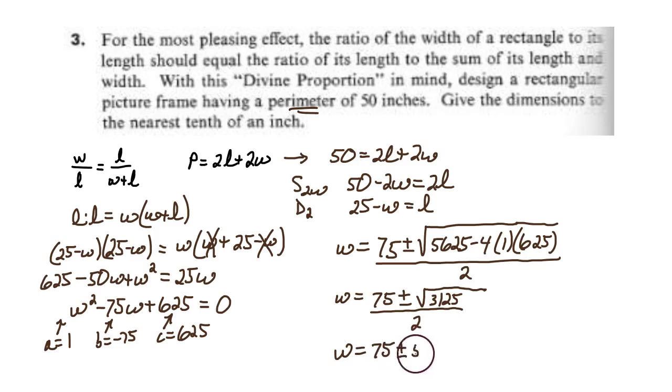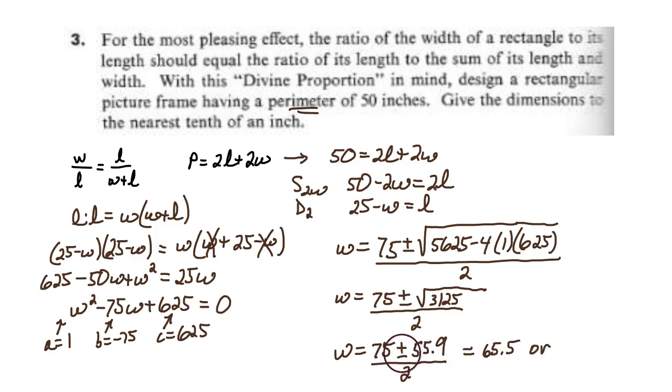That's approximately 55.9. This is going to generate 2 answers. To get the first answer, type it in using the plus sign. So 75 plus 55.9 equals, and then divide by 2. That's 65.5.